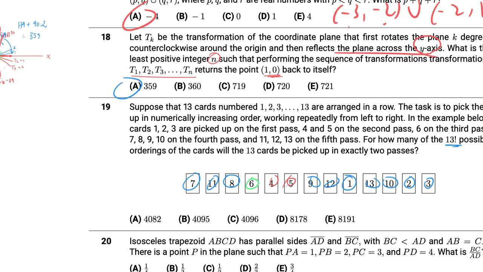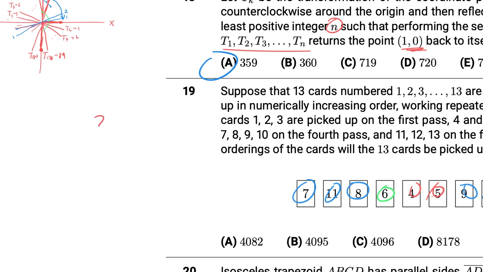So here we actually have 2 passes, and they need to take away everything from 1 to 13. So let me write down these numbers: 10, 11, 12, 13. And basically, what we can notice is that the first pass will take 1 to a certain number. So let's say it took 1 all the way to 9.